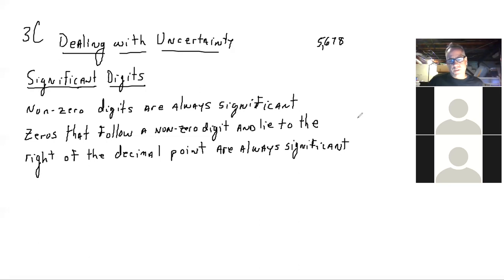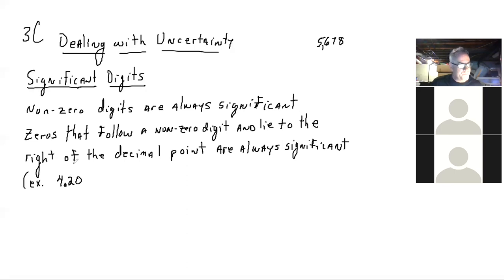Let's do an example. Zeros that follow a non-zero digit. If you write your number down as 4.20, the zero follows a non-zero digit, and it's to the right of the decimal point.